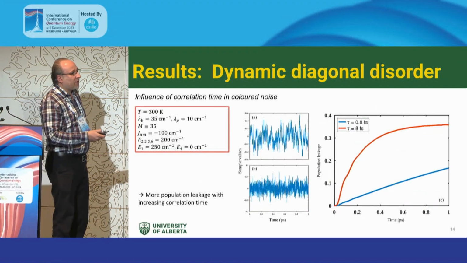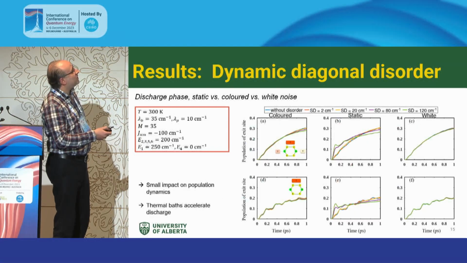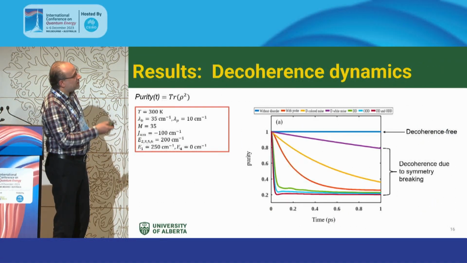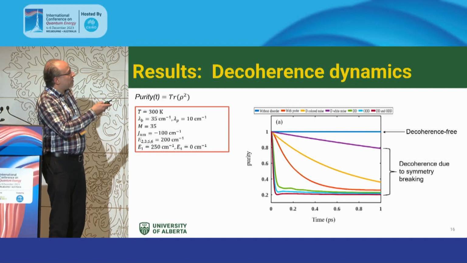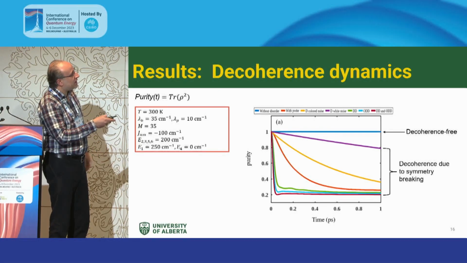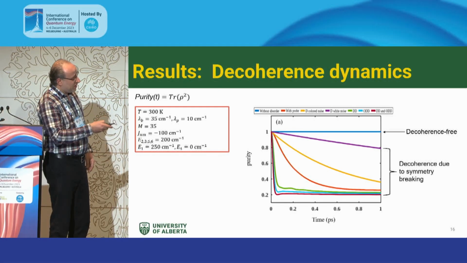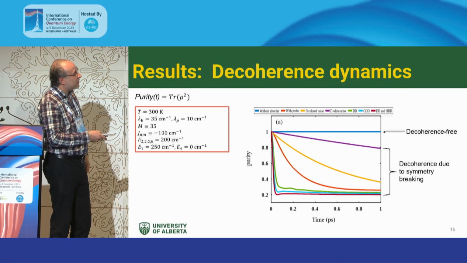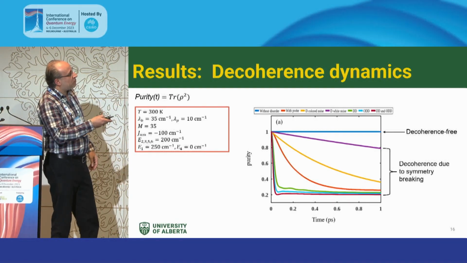Am I out of time? Okay, let me skip on to the decoherence dynamics. I also calculated the purity. As you can see, during the storage phase, since the dark state exists in a decoherence-free subspace, there is no decoherence and the purity is 1.